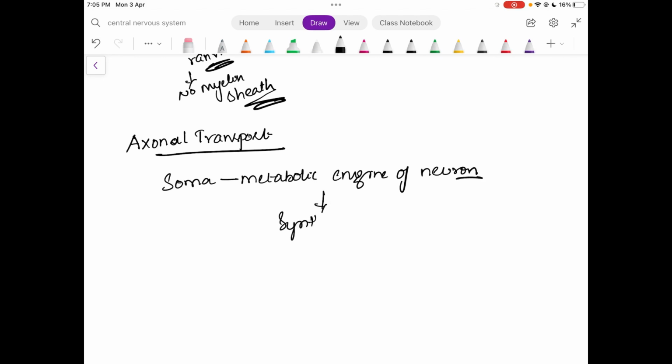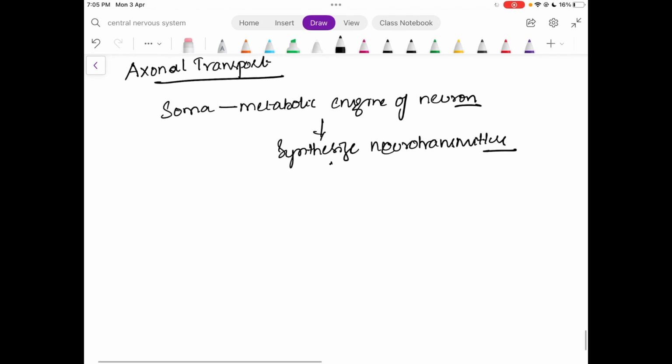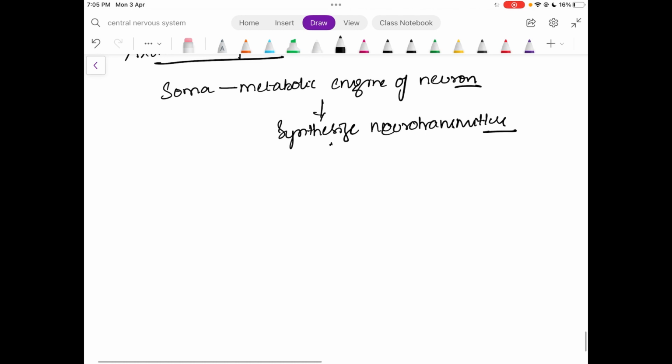What they'll do, they synthesize neurotransmitters, and these neurotransmitters will help in synaptic function, so that a response is generated with the neurotransmitters.